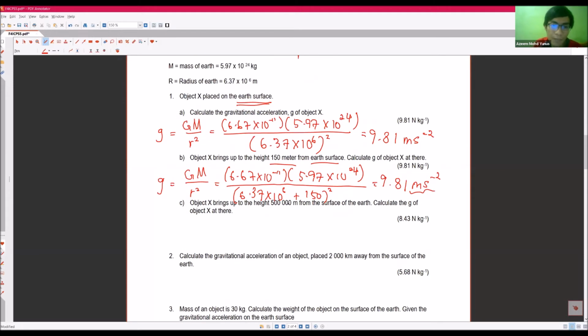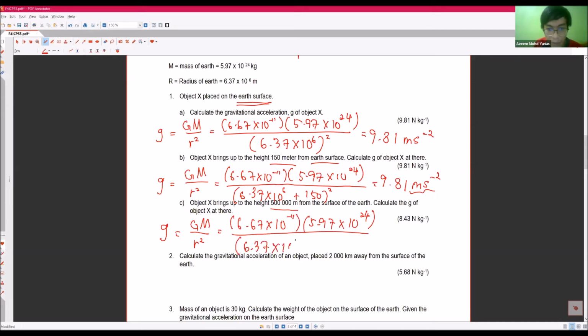Object X is brought up to a height of 500,000 meters from the surface of the Earth. Calculate the g of object X there. So this is quite significant compared to the radius of the Earth. We should see some change in the value of gravitational acceleration. So let's plug in all the values. Make sure that you copy the correct value for each parameter.